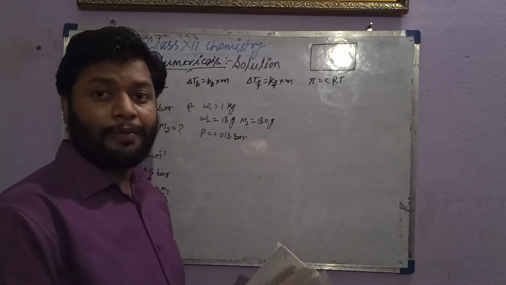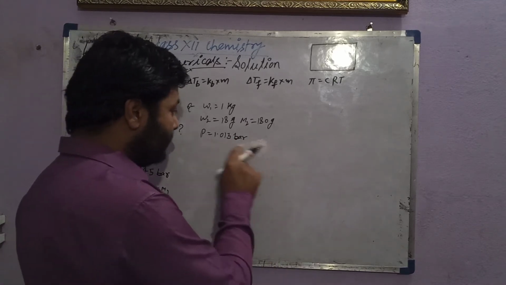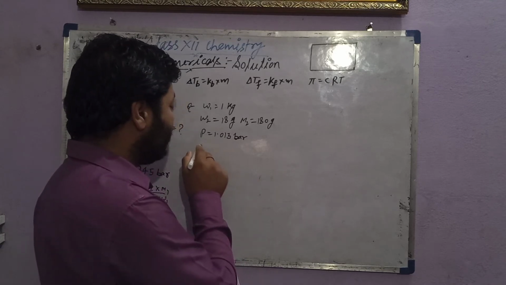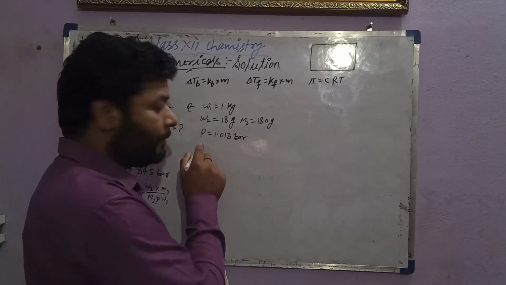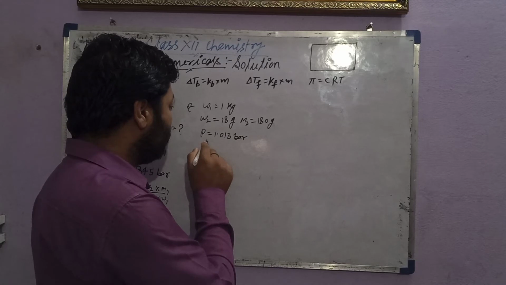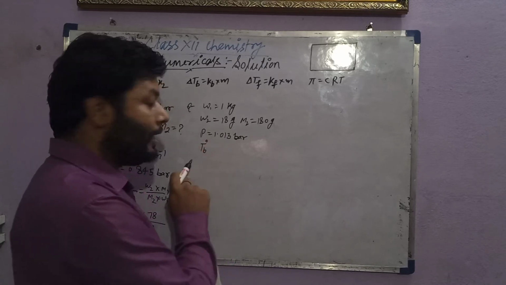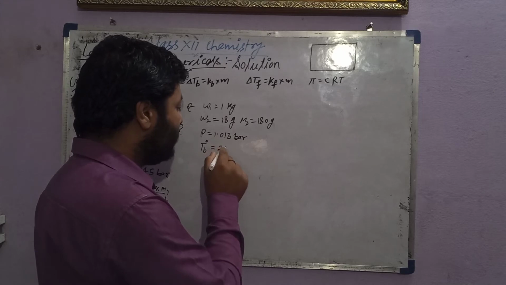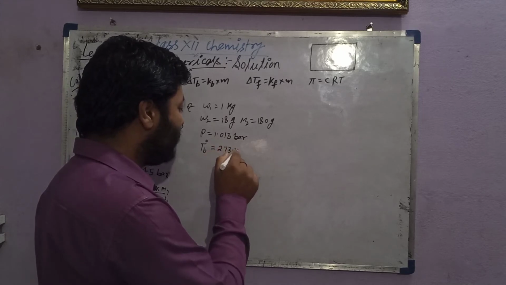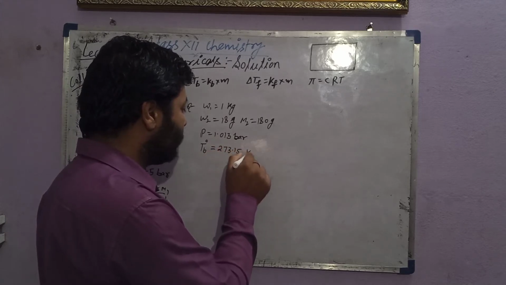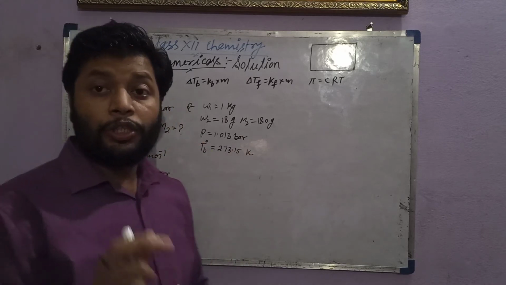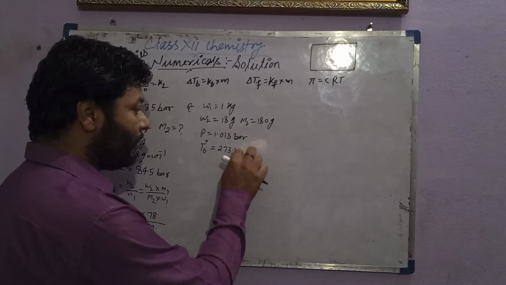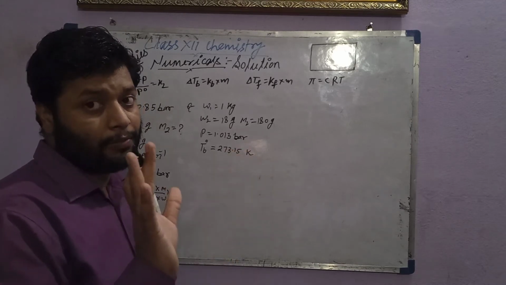This is general atmospheric pressure, and at this pressure the boiling temperature is called T0 B. The boiling temperature of water is 273.15 Kelvin. The exact value is 0 degrees Celsius, which is equal to 273.15 Kelvin. You have to take the exact value.